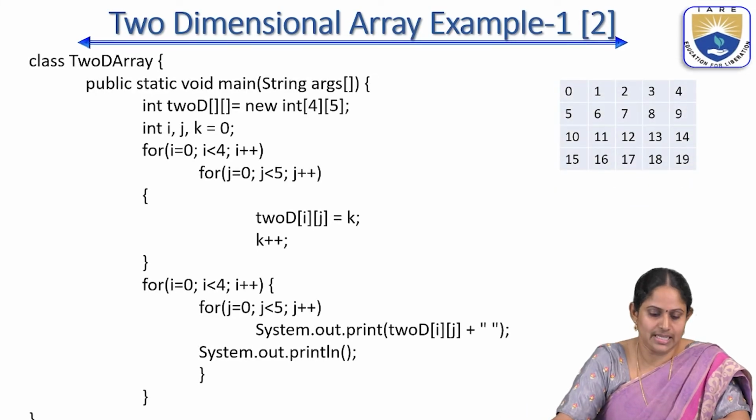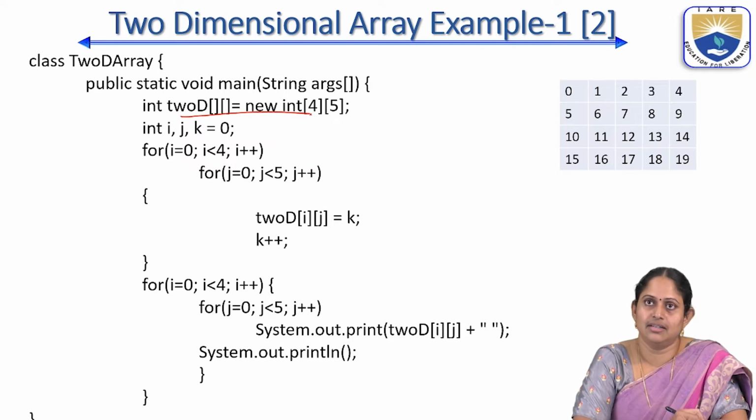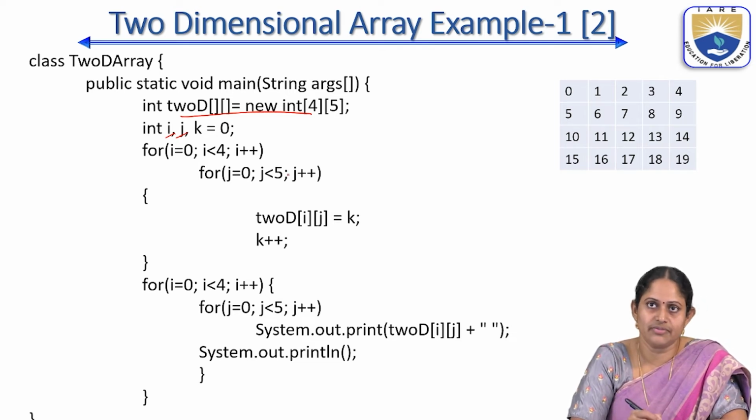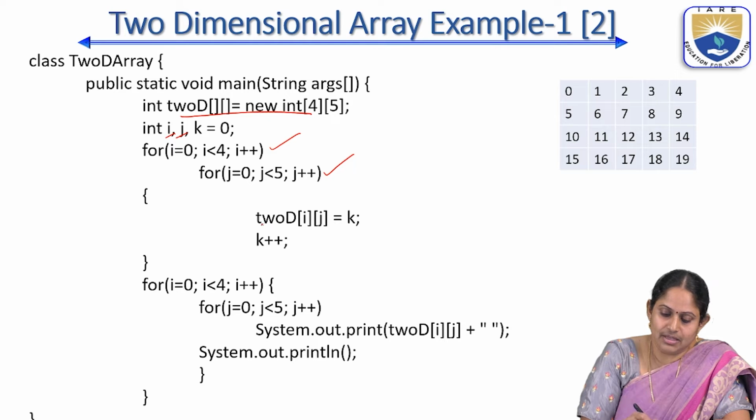So let's look into an example program. Here we have defined the array. Then i and j are the iterator variables of the for loop. Since we have to enter data into an array, we use a for loop. If we are using a two-dimensional array, we need two for loops.